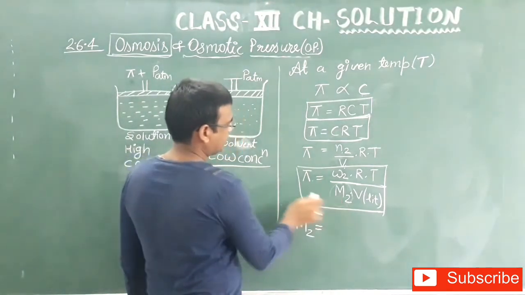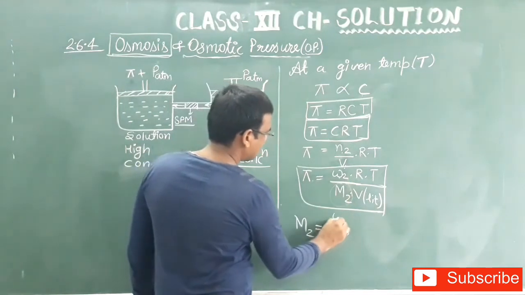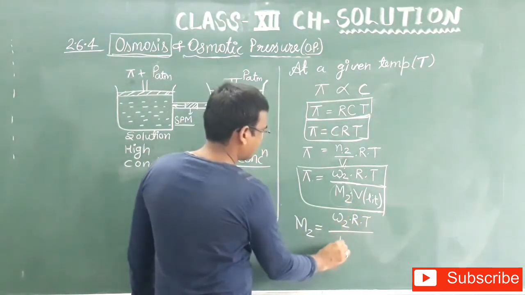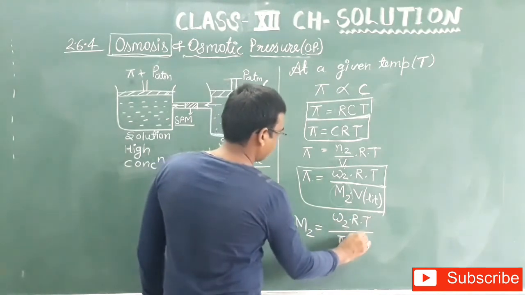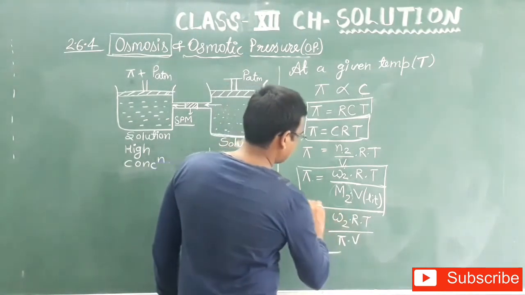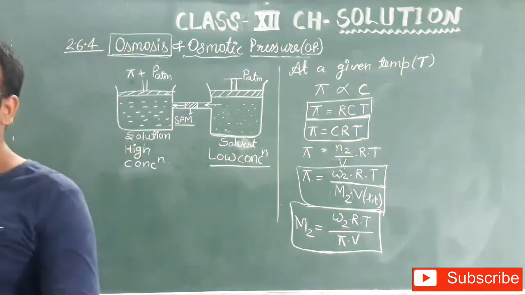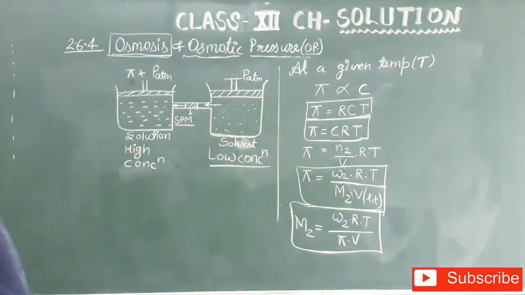Just take it to the left side, then this becomes W2 RT upon pi V. This is the expression for the molar mass of solute. So by using this formula we can easily calculate the molar mass of the solute.